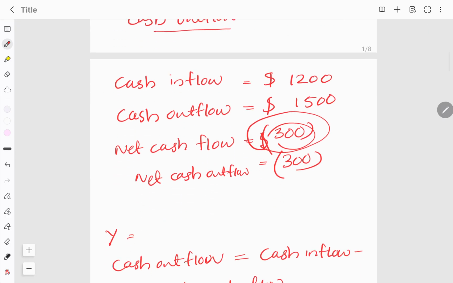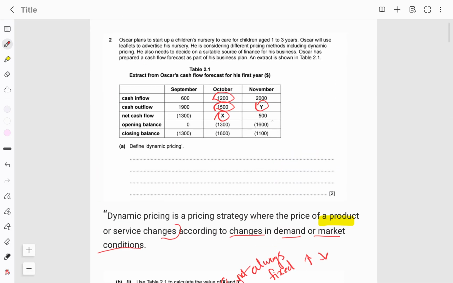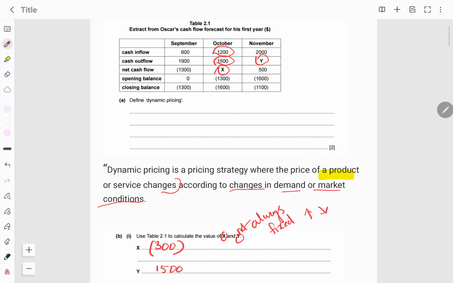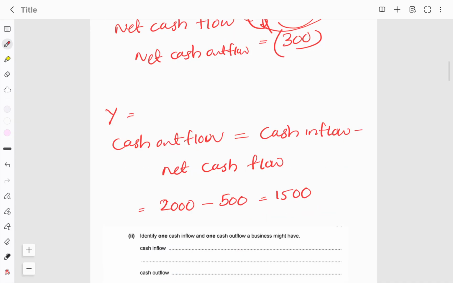Here we need to calculate cash outflow, which is represented by y. This time we already have the cash inflow and net cash flow, so we can use the formula to find the missing cash outflow. The formula is cash outflow equals cash inflow minus net cash flow.